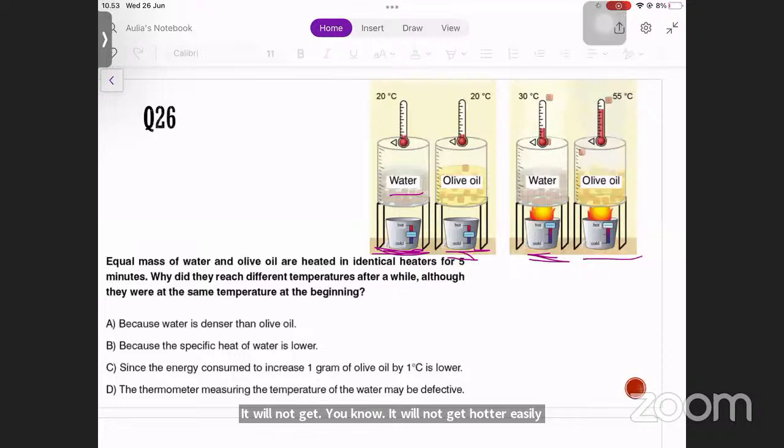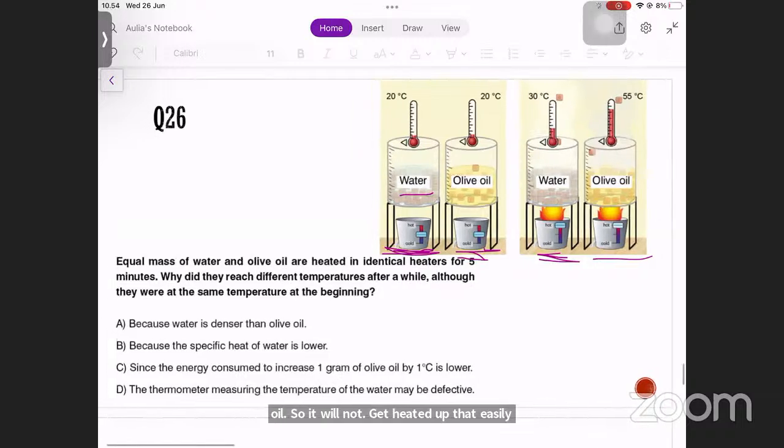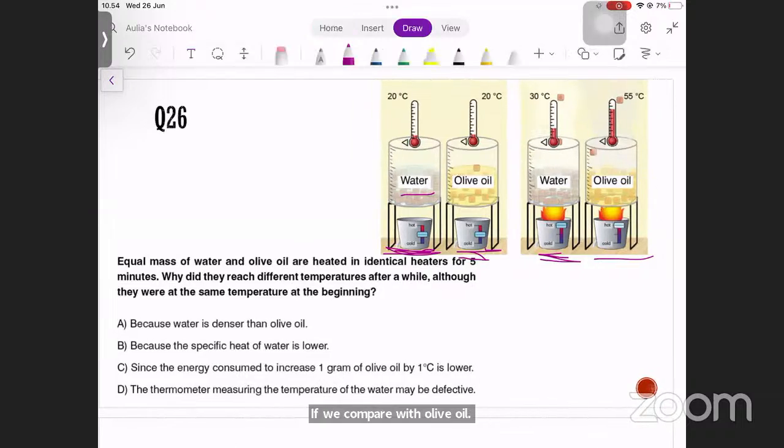When the energy being used is lower, it will not be easily heated up. The correct answer here is B, because the specific heat of water is lower than olive oil. So it will not get heated up that easily if we compare with olive oil. So the correct answer is B.